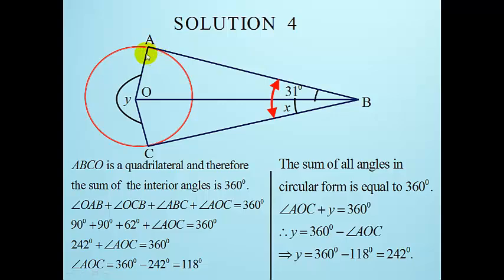The angle at A is 90, the angle at C is 90, and the angle at B is 62, so we have 90 plus 90 plus 62 plus angle AOC equals 360 degrees. Now 90 plus 90 plus 62 is equal to 242 degrees. So we have 242 degrees plus angle AOC equals 360 degrees.